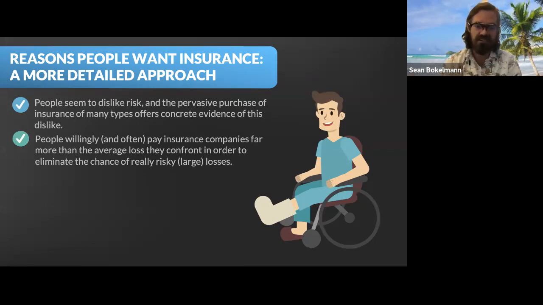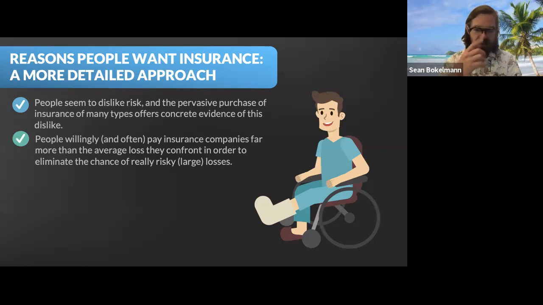They might pay to do crazy things like jump out of airplanes, right? Some people do that. But because people willingly and often pay for insurance, and they also, by the way, pay more than the average loss that they expect, this is really indicative of the fact that people don't like risk, right?